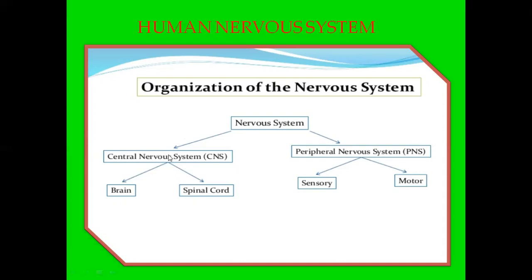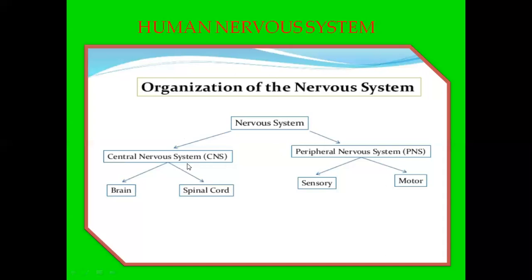These major components are the central nervous system and the peripheral nervous system. Is it clear? These are the types of nervous system of human beings and other higher animals. How many types of nervous system? There are two types: central nervous system and peripheral nervous system.